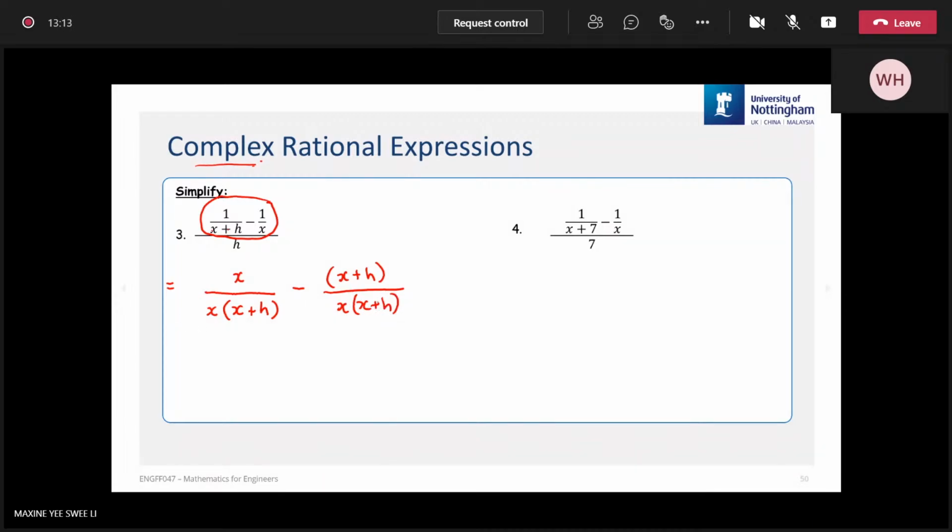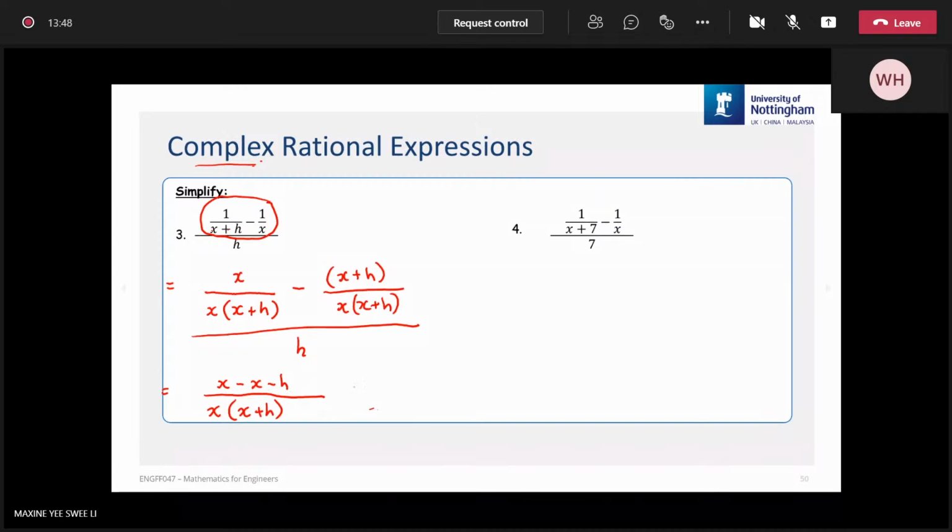So now they have the same denominator, and then the whole thing divided by h. Now you can combine the top, so x minus, remove the bracket, divide by... So now we have combined the numerator into this form.